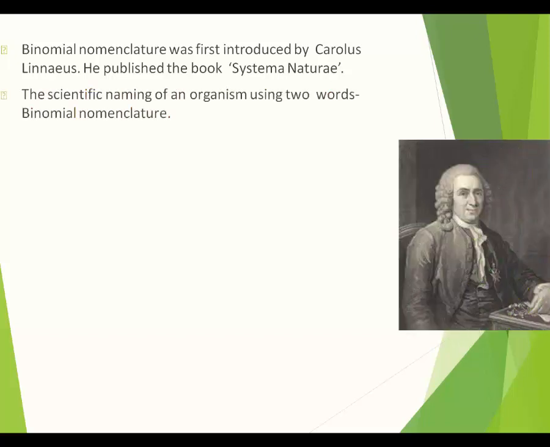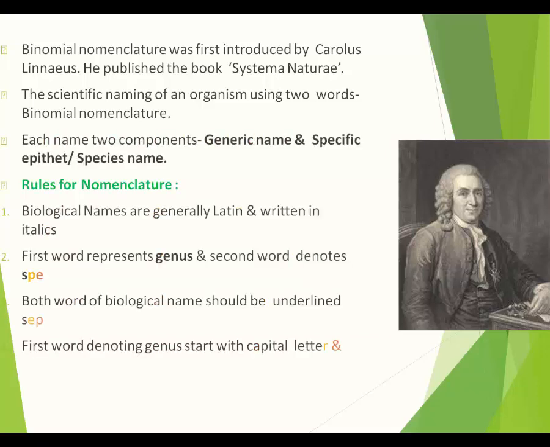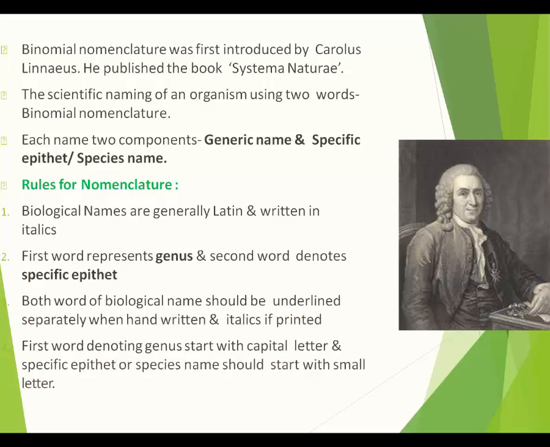He is Carolus Linnaeus, who first published a book, Systema Naturae, and there he wrote about binomial nomenclature. According to his rules, each and every organism should have two names. The first should be a genus name, the second a species name, or in his book, the specific epithet, that is the species name.